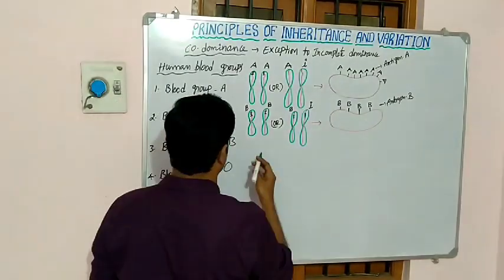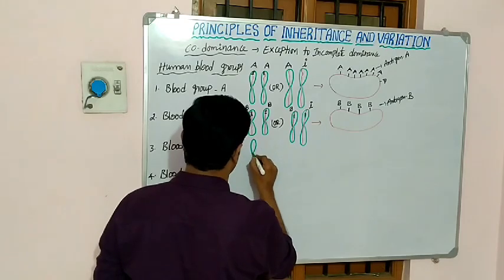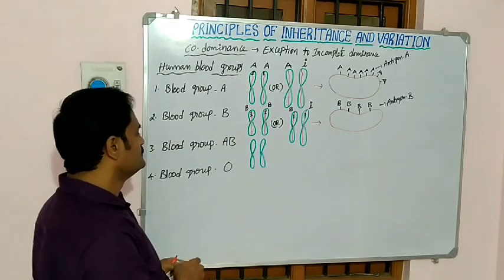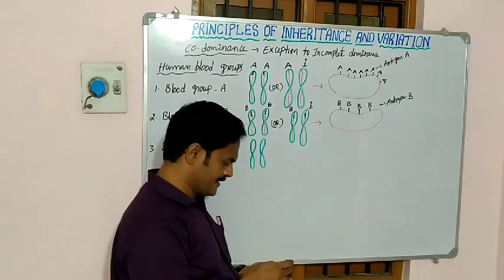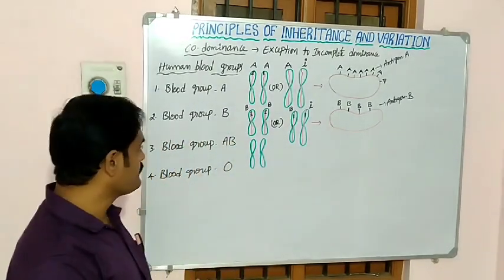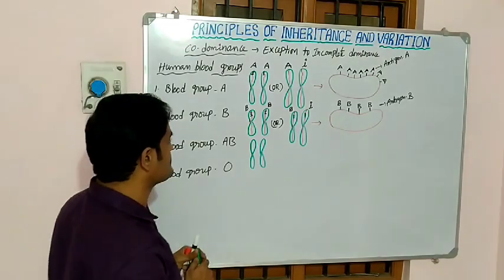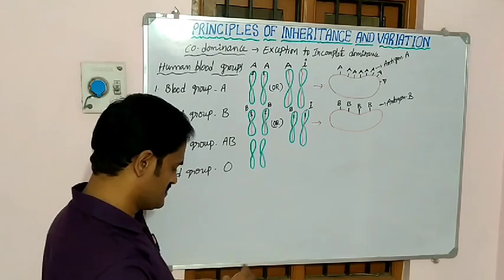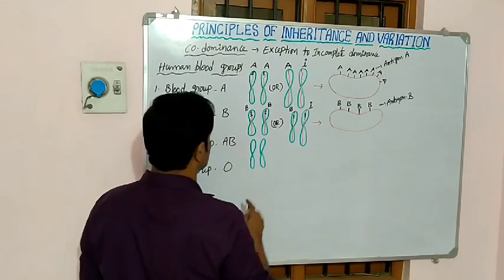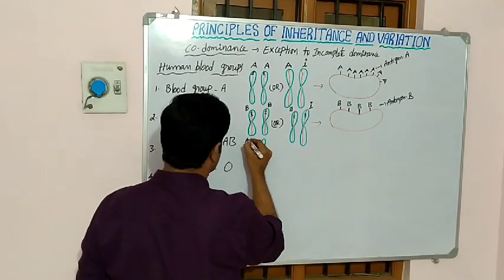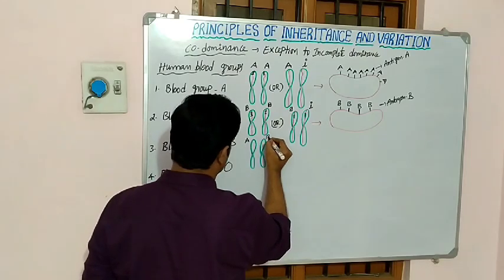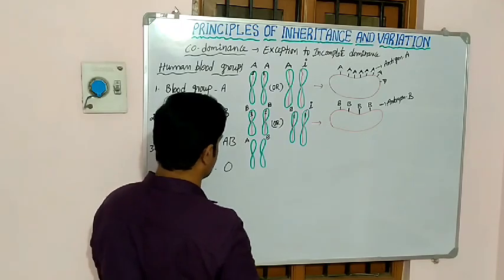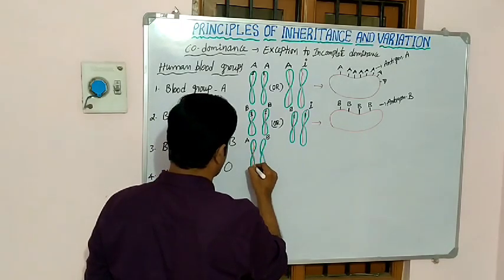When we observe the chromosomes in the blood group AB, what kind of alleles are present here? Both allele A and allele B are present. See, inside the chromosome consists of double-stranded DNA.